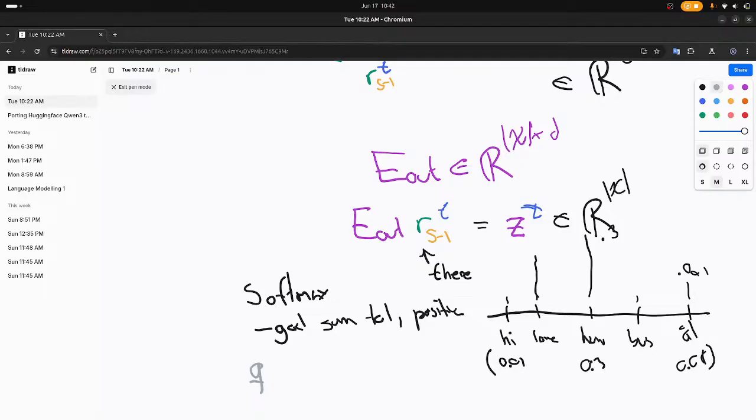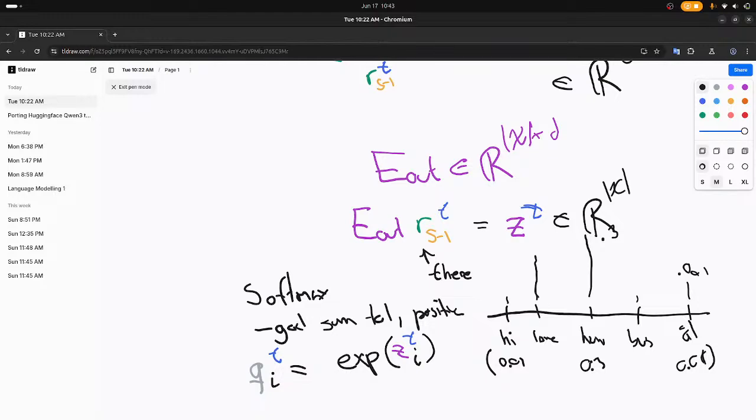And the way I do it is I will call it Q. So now it's getting a bit interesting. Q i of t is going to be the exponentiated version of the ith entry of s of t.